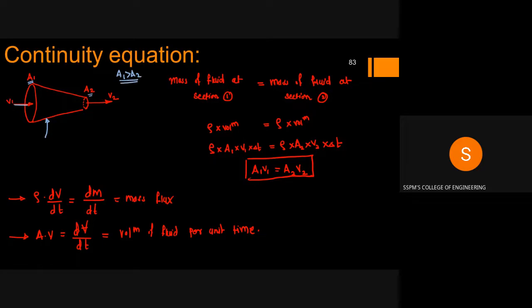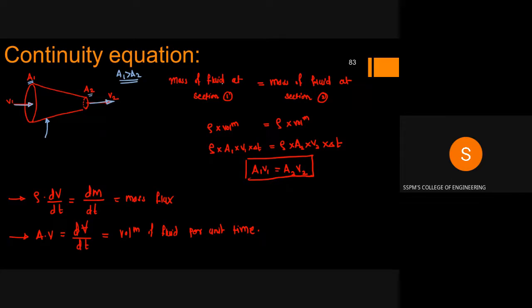The fluid is flowing from left to right. The mass entering at section 1 is equal to the mass leaving at section 2. So this is the continuity. The total mass of the system will remain the same, there is no loss of mass.